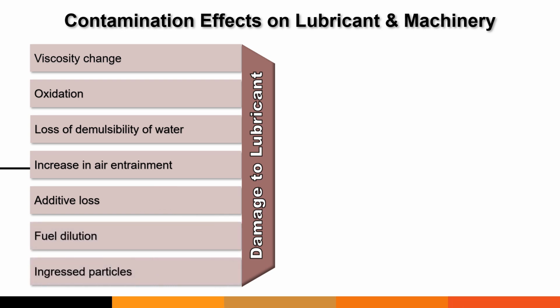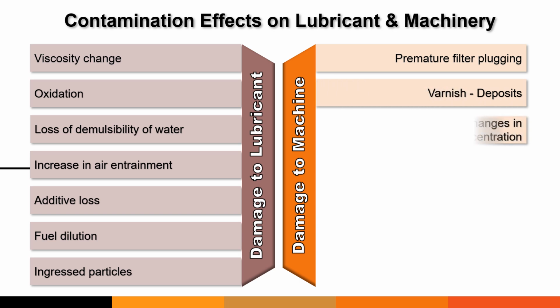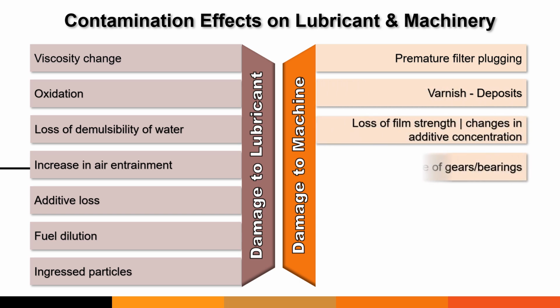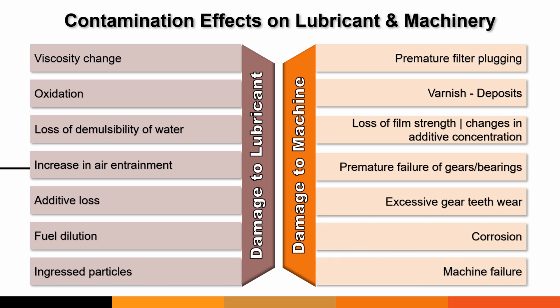For example, an air entrainment increase could cause the viscosity to rise, which can be the cause for the increase in temperature, which tends to increase the rate of oxidation. With cross-contamination of lubricants, all of the main functions of a lubricant can be negatively affected.